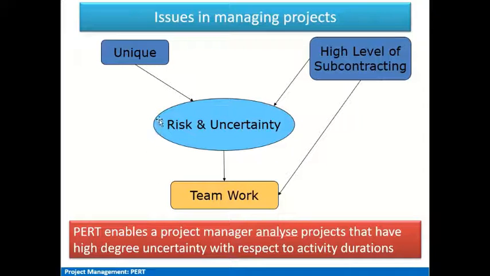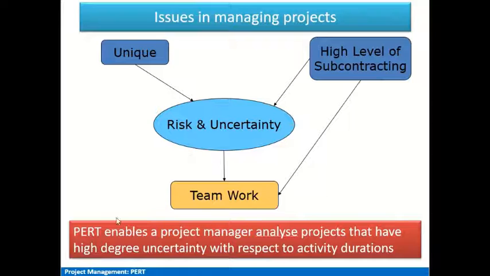So we see that essentially at the core there is risk and uncertainty involved in projects, because we are not certain as to how the progress will proceed. Despite being careful in planning, there is always an uncertainty element involved in various activities. And along with the uncertainty comes the element of risk.